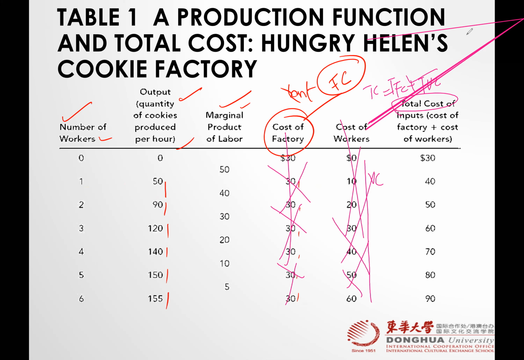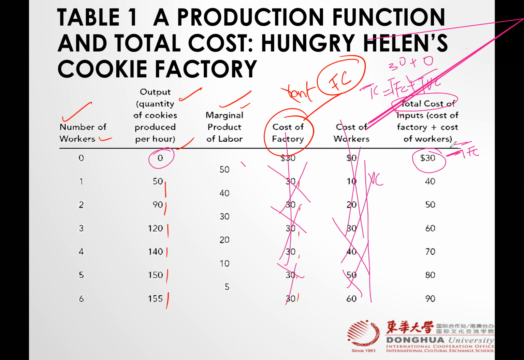Even with zero production here, we still have a total cost. It must be the case that this belongs to fixed cost, because when production is zero, variable cost must be zero, right? In that case, this 30 is your fixed cost.